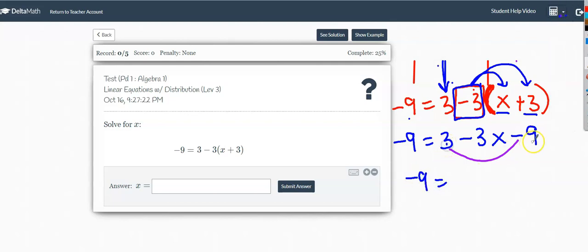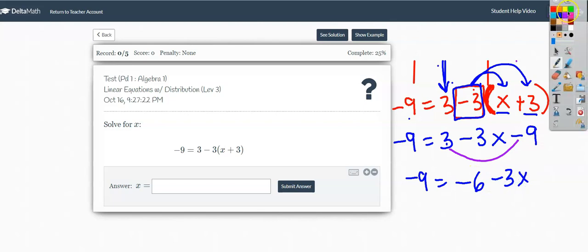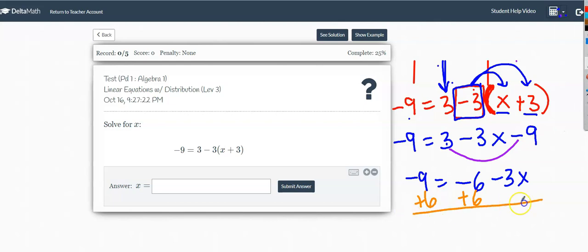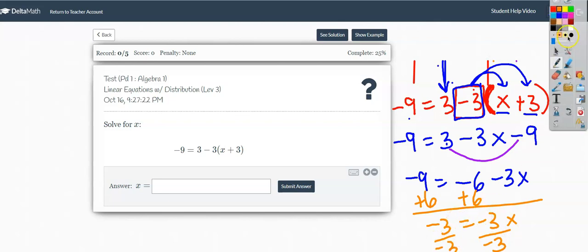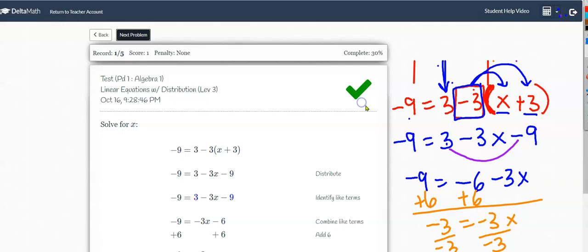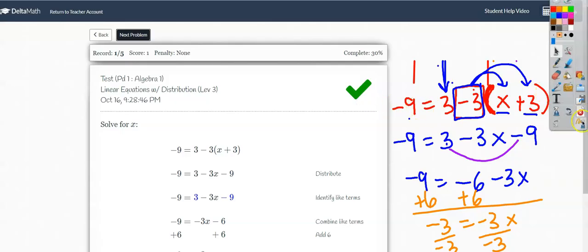So this 3 and this minus 9 make a minus 6. And next I'm going to add 6 to both sides. And then I'm going to clear my coefficient here. And negative 3 divided by negative 3 is positive 1. So we type that in, click yes, and there we have it.